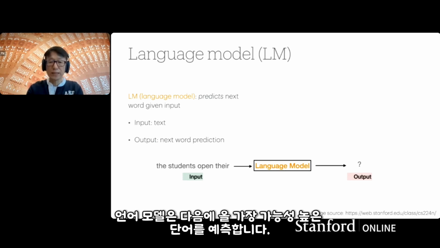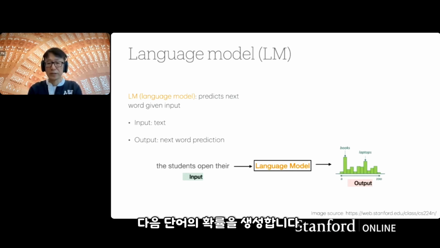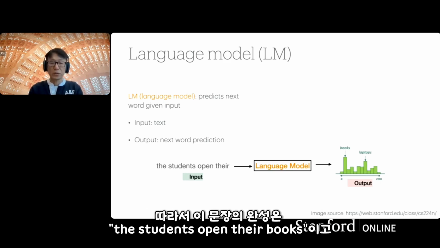So if the language model is trained with a large corpus, it generates the probability of the next coming word. In this example, as you can see, books and laptops have a higher probability than other words in the vocabulary. So the completion of this whole sentence could be "the students open their books."